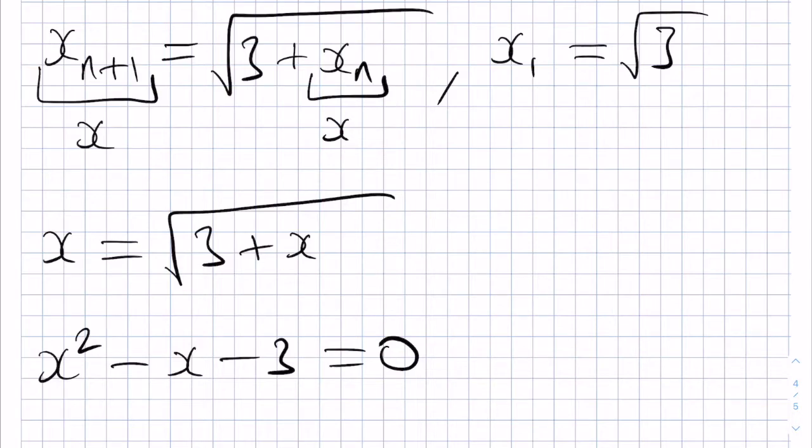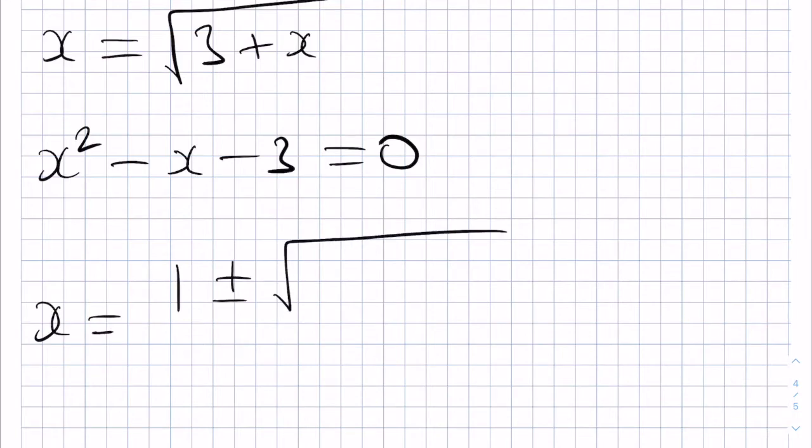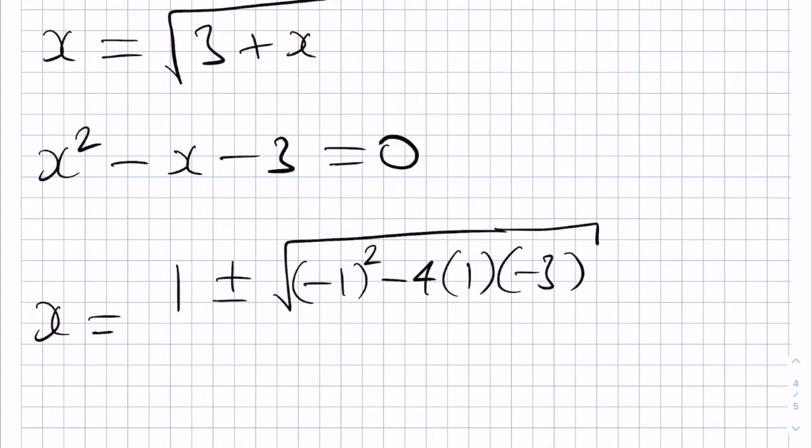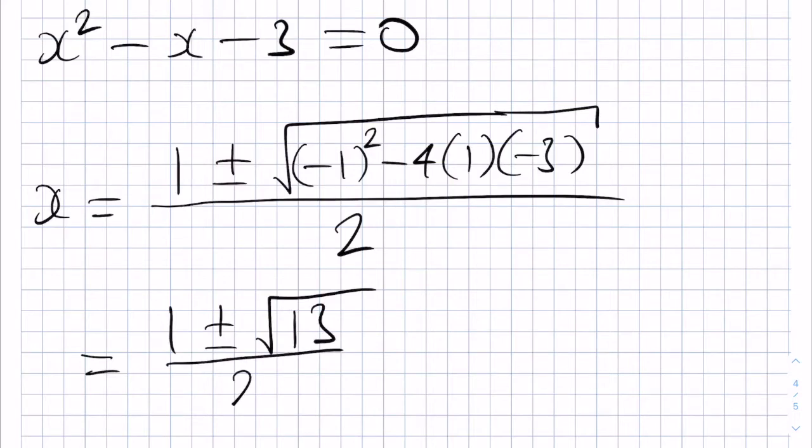If we apply the quadratic formula, then we get x equals 1 plus or minus the square root of (minus 1) all squared minus 4 times 1 times minus 3, and then all of that divided by 2. If we tidy this up, then we get 1 plus or minus the square root of 13 divided by 2.